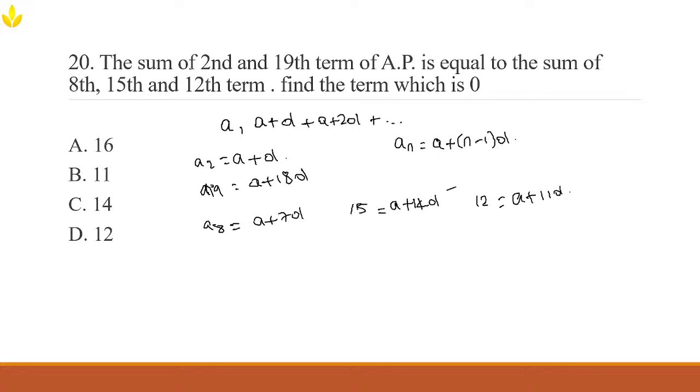It is given that the sum of the second and the 19th terms is equal to the sum of the 8th, 15th and 12th terms. So let us add all of it.